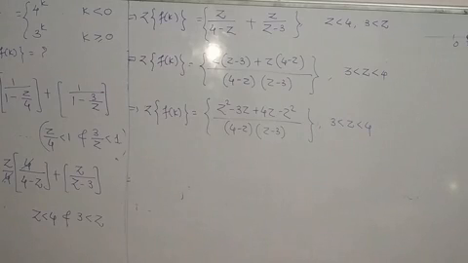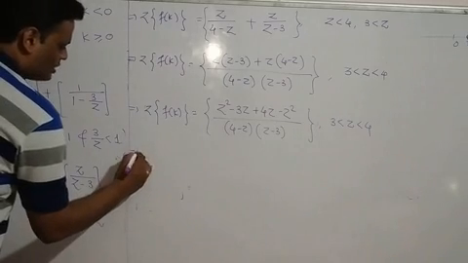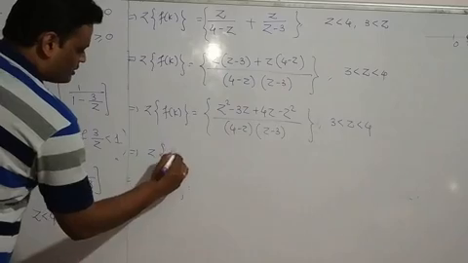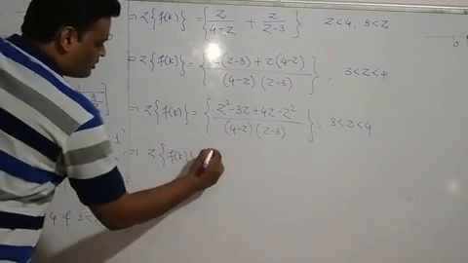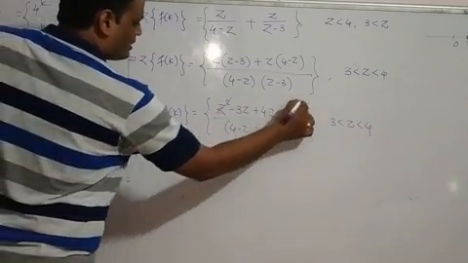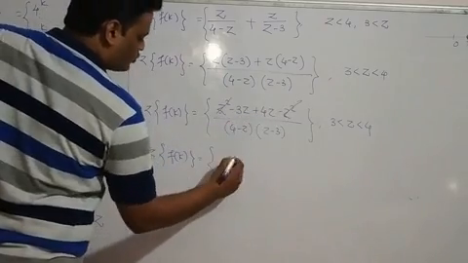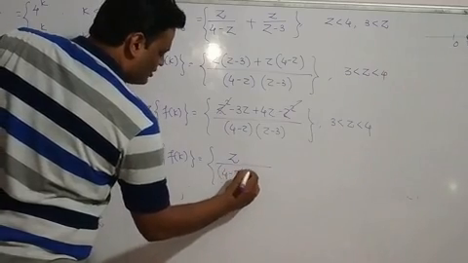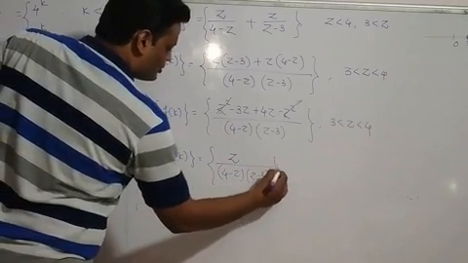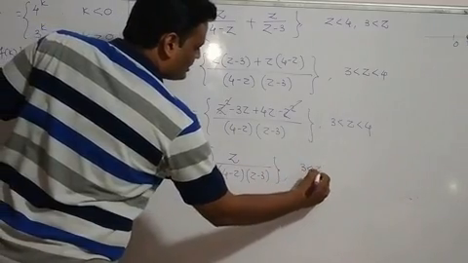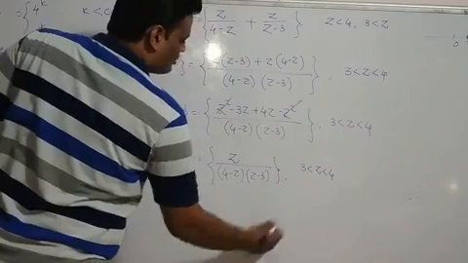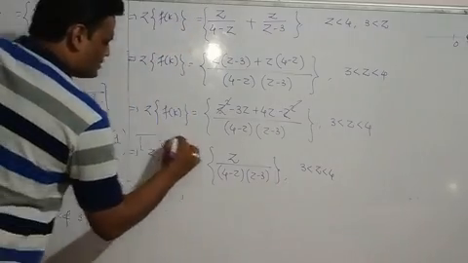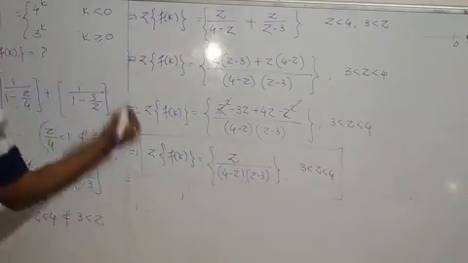Now that comes out to be Z of f of k is equal to, cancel the terms, z square and z square will cancel, minus 3z plus 4z will be z, over 4 minus z into z minus 3, where 3 is less than z is less than 4, and that is your final answer.